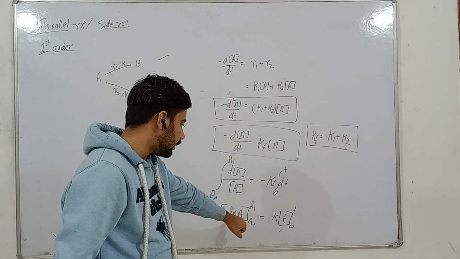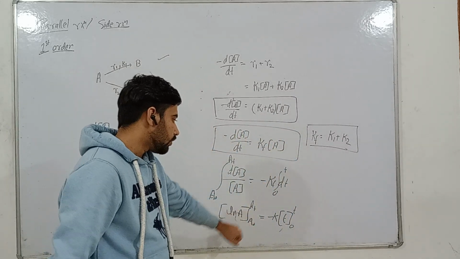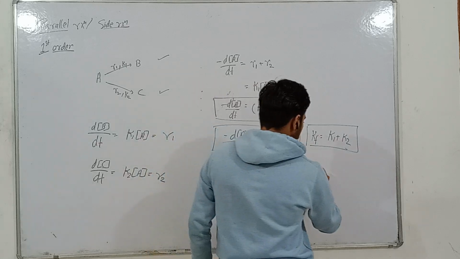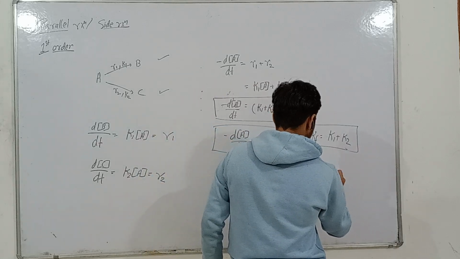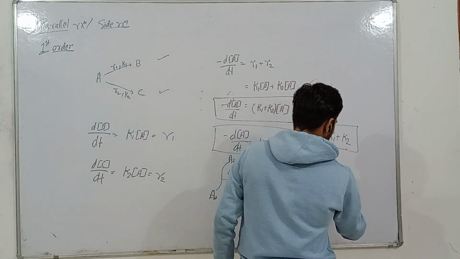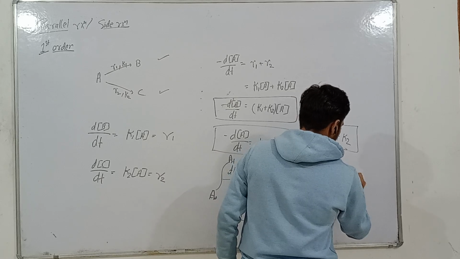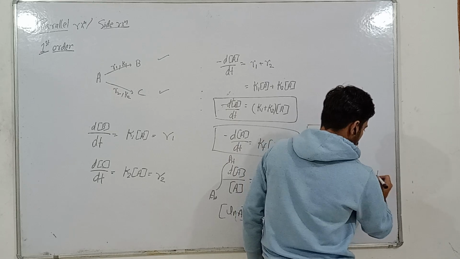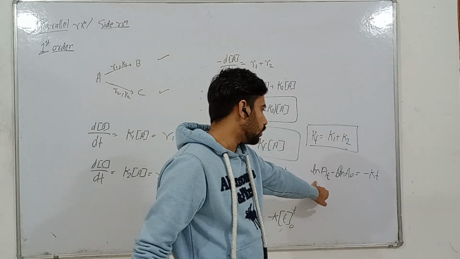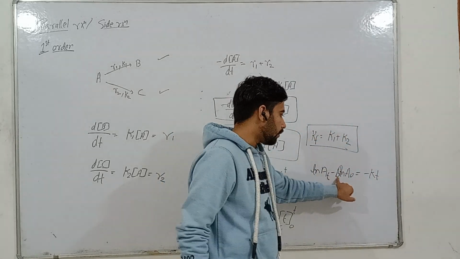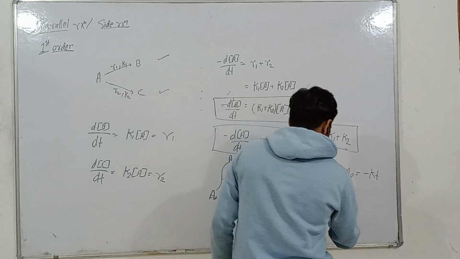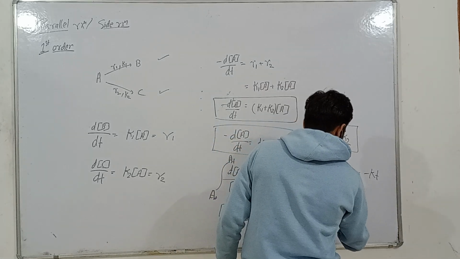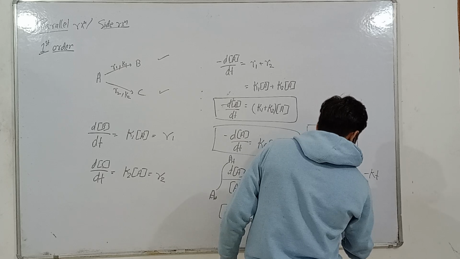If we write it out, ln At minus ln A naught equals minus K into t. We know that ln At minus ln A naught equals ln of At by A naught.